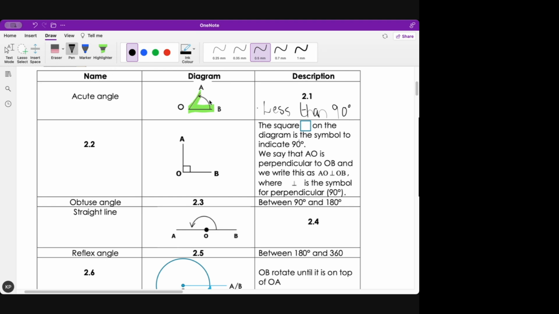Now let's look at the diagram in the next one for 2.2. Now with this one, there is one very obvious symbol there, and it says in our description, the square on the diagram indicates 90 degrees. What do we call this angle? That's correct, Seth. That would be a right angle.